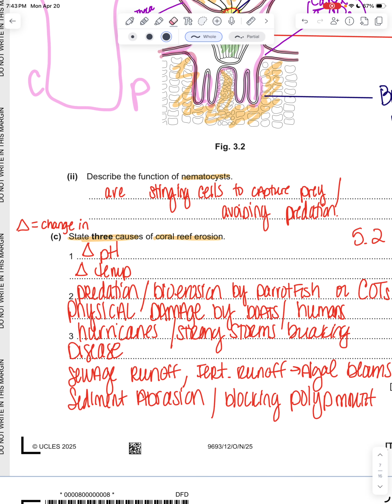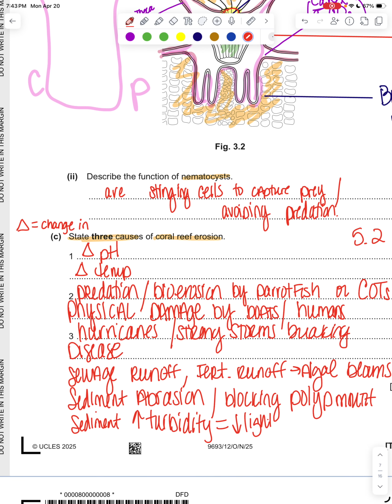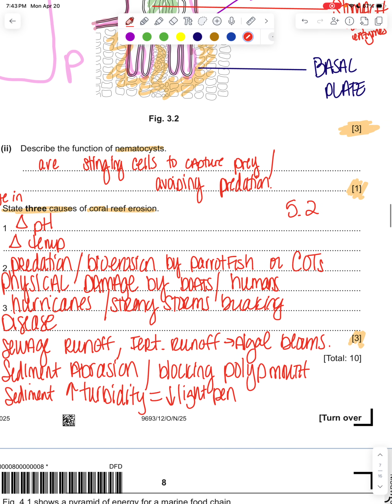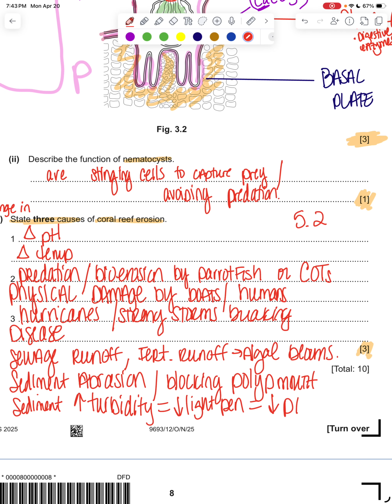And one more. Sediment increases turbidity. That's a Y. Turbidity, which is going to cause a decrease in light penetration, which is going to cause a decrease in photosynthesis, which is going to cause a lack of growth of zooxanthellae.